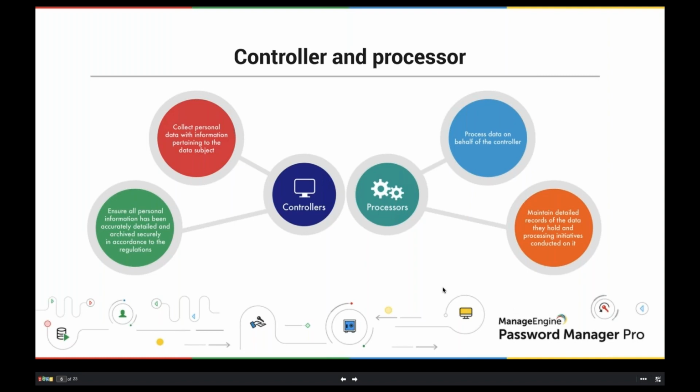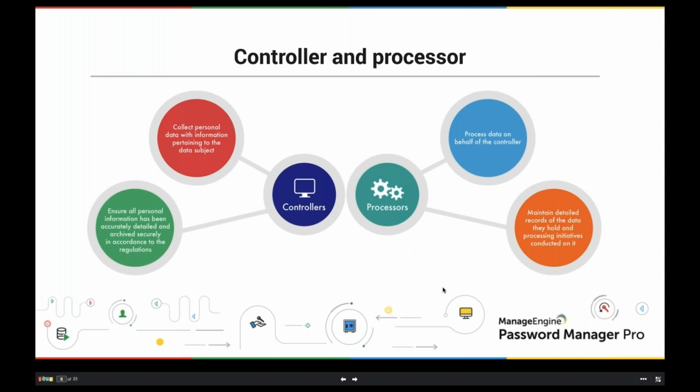When it comes to Password Manager Pro, any admin who adds or makes use of the enterprise passwords or data will be considered as both controller and processor. Because he is adding it, he will be a controller, and he makes use of the passwords or data, so he is going to be a processor.